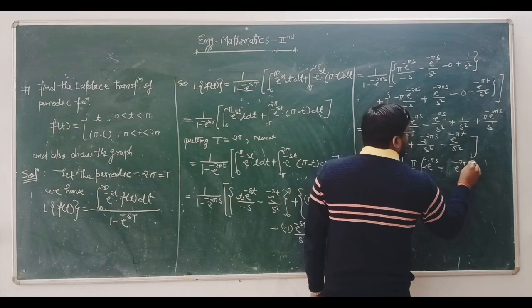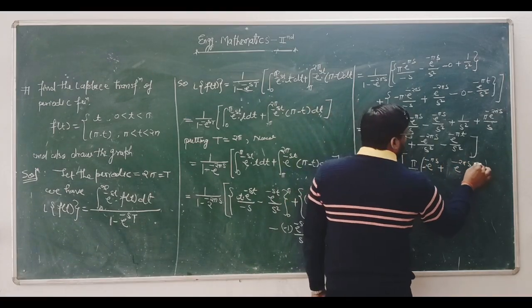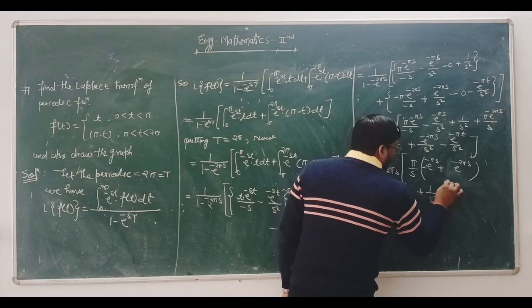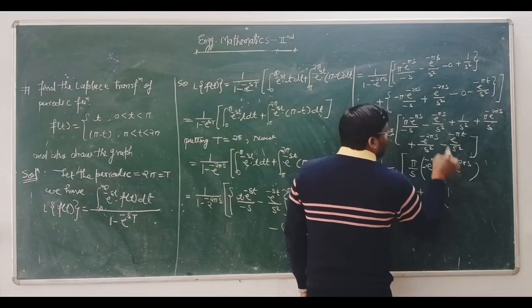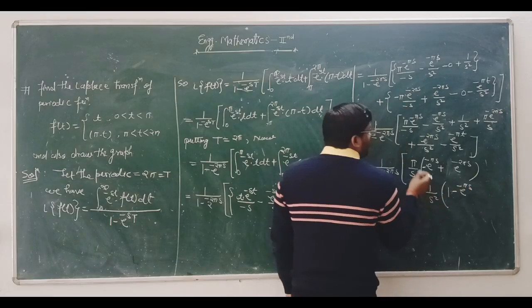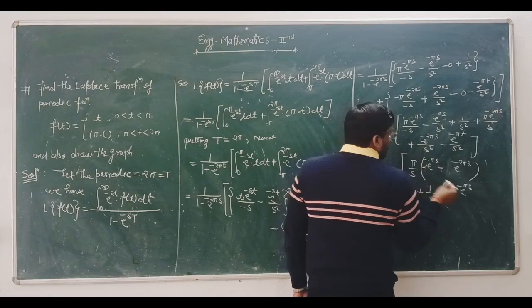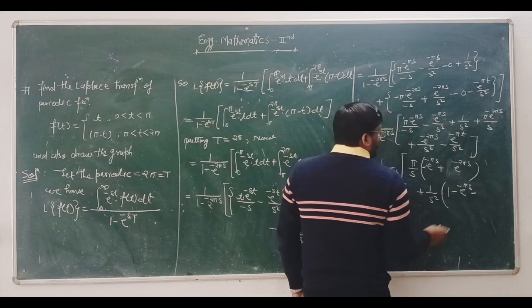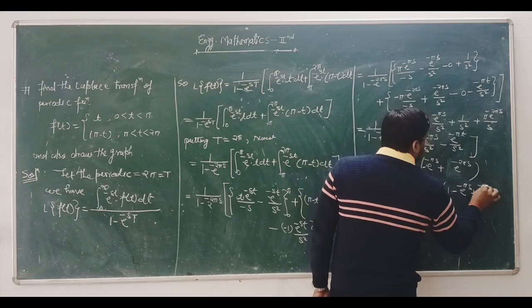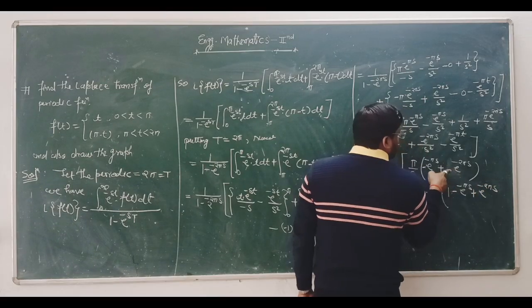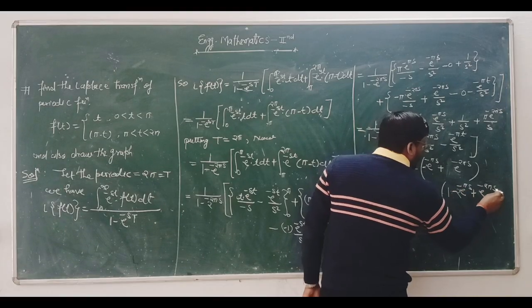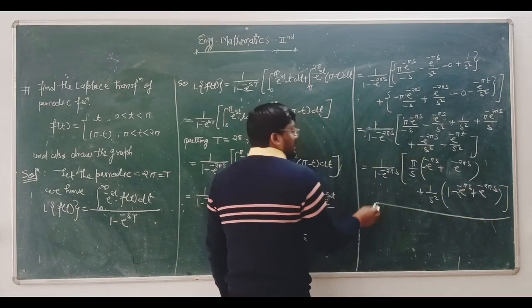Now remaining: 1 by s square, plus 1 minus e to the power minus pi s, now remaining again plus e to the power minus 2 pi s, minus e to the power minus pi s. Now you can simplify this. This is your final answer.